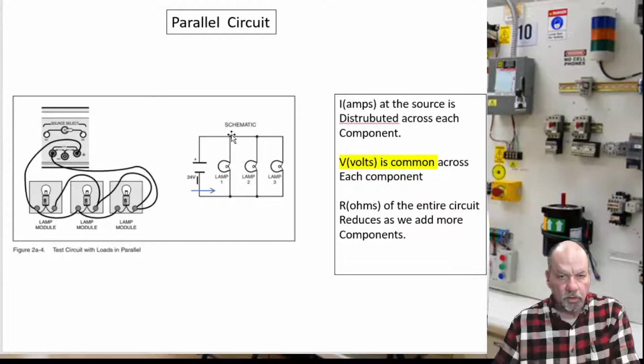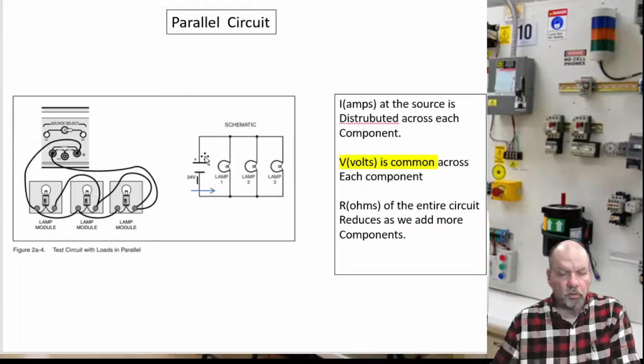So the voltage at the top and the voltage at the bottom is the battery voltage, the 24 volts that we have here. So just like in our water analogy, we're going to split the current that is coming out of the battery into three streams, one going down lamp 1, 2, and 3, right? Then we're going to recombine it and then take it back into the battery.